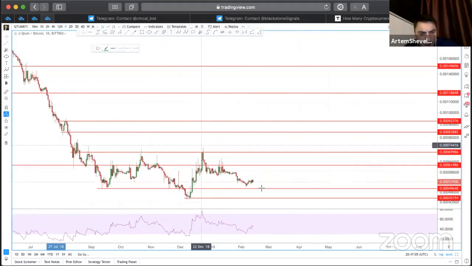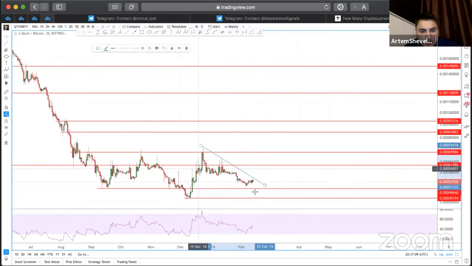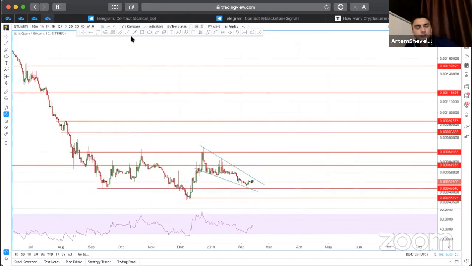And here we have a pretty similar setup with ADA, really similar. This is why I'm saying the market is really correlated, and you can diversify in crypto. Okay, so this is bullish.